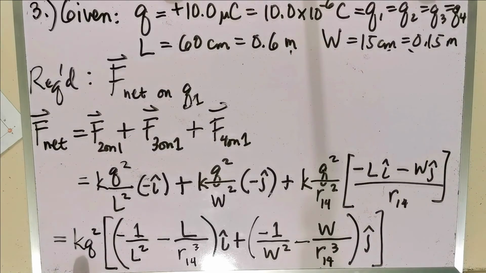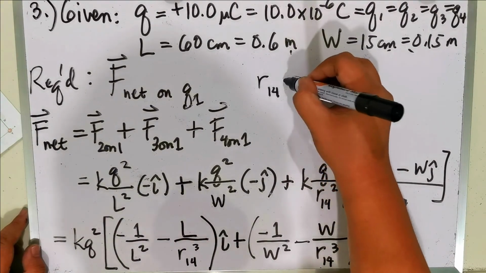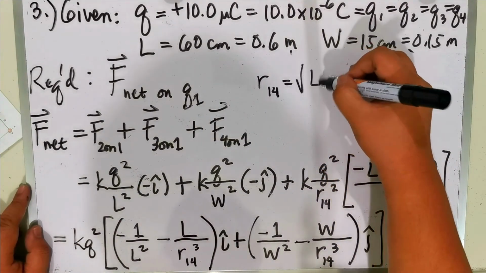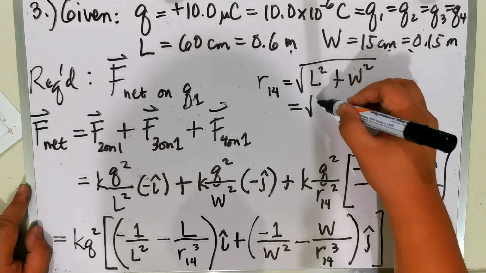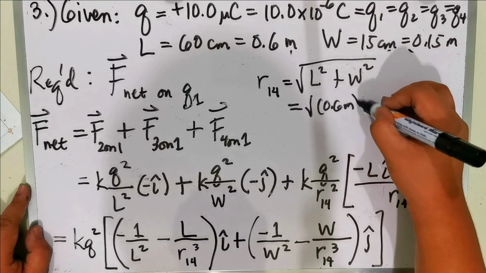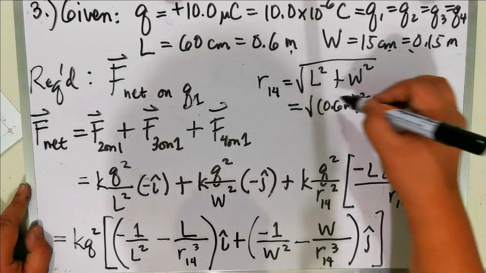So we now have the values of everything. What we only need to know is the value of R14. From the equation, R14 is equal to the square root of L squared plus W squared, which is the square root of 0.6 meter squared plus 0.15 meter squared.